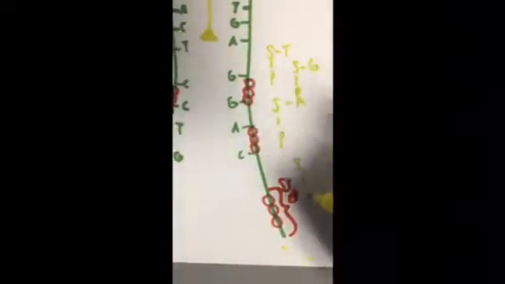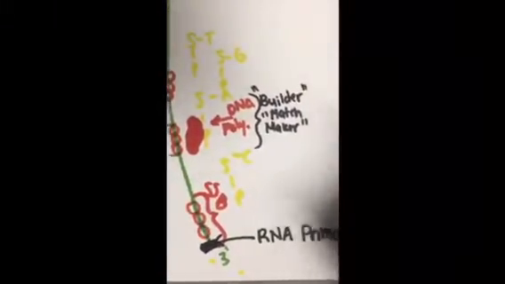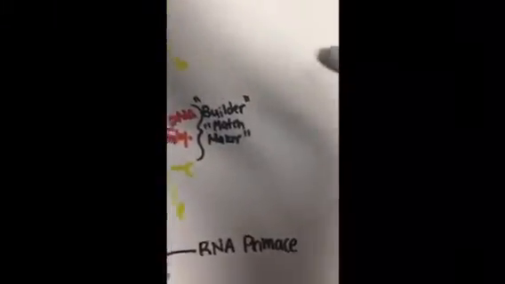These are free-floating nucleotides in the nucleus. The DNA polymerase is the matchmaker or builder. And the RNA primase tells where to start.